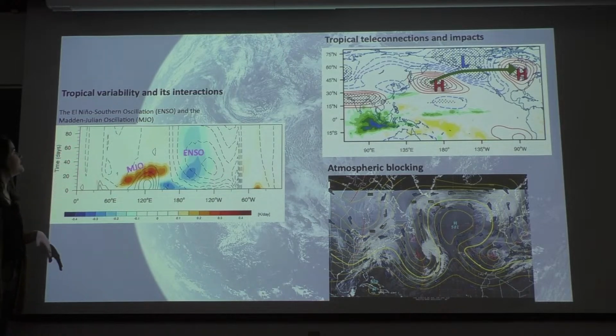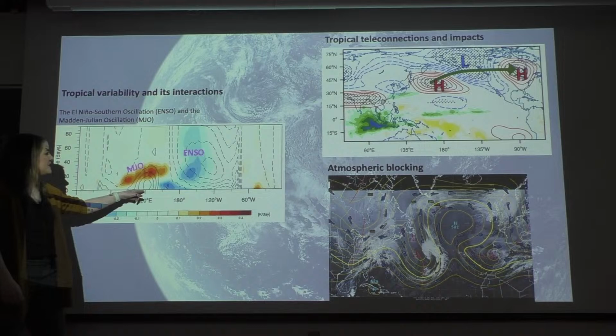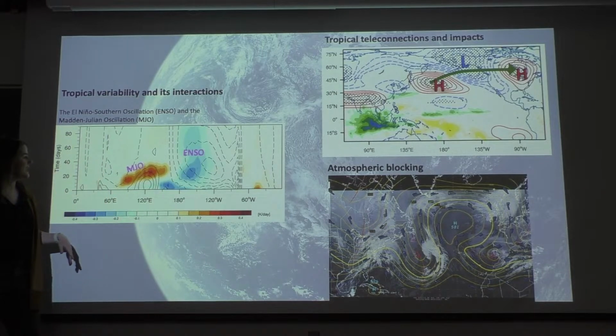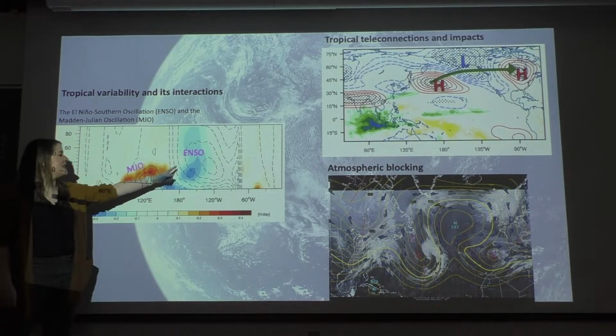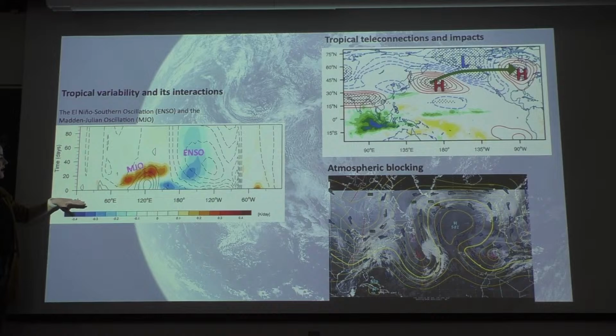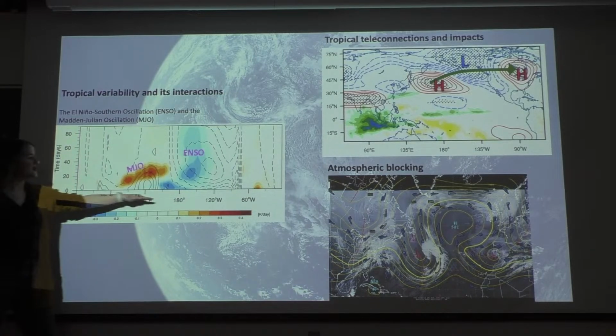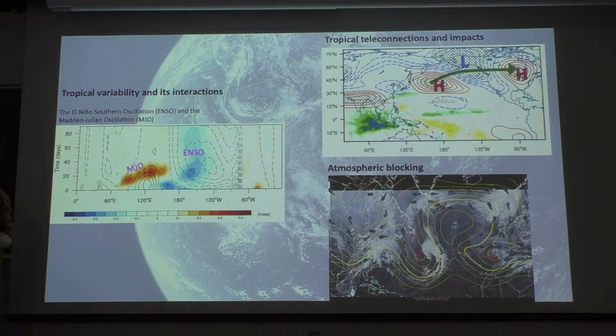Part of what we do is look at tropical variability and its interactions. What you see here is sea surface temperatures in the contours and diabatic heating in the shading, in a time versus longitude plot, taking all of the tropical latitudes and averaging them together.